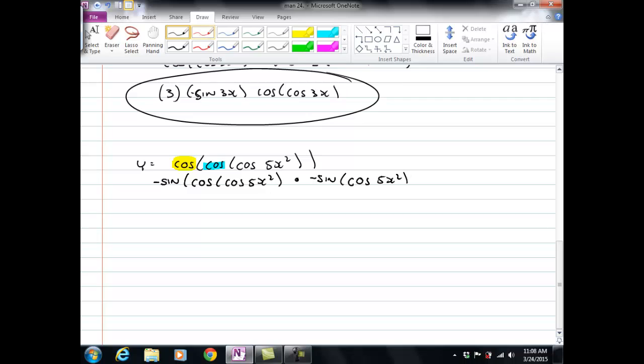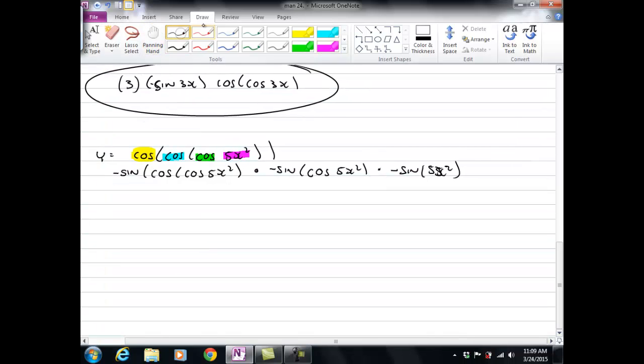And then I do the next piece inside, which is the next cos right here, which is going to be times negative sine 5x squared. Then finally I tackle the last piece on the inside, which is the x. You always work from outside in, and this becomes times 10x. And they may just rearrange this so that 10x goes in front. But that is all you do. That is called the power of chain rule.